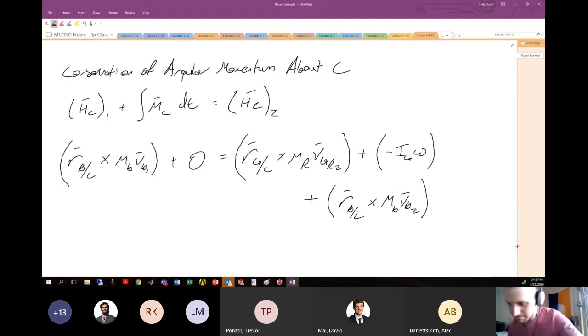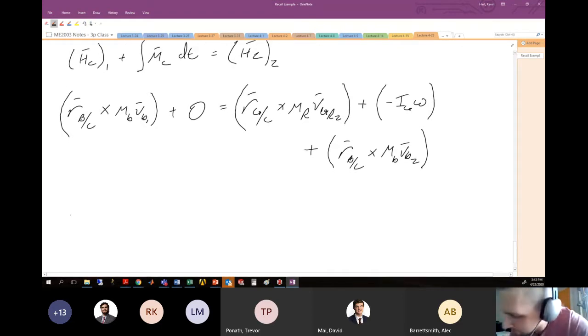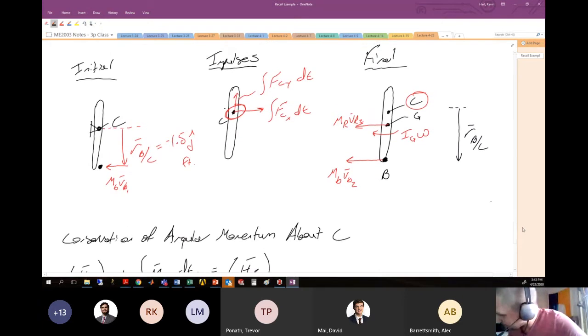I need some kinematics. And we'll note I can relate in this second situation some things. All right, because I know that point C is the center of rotation.